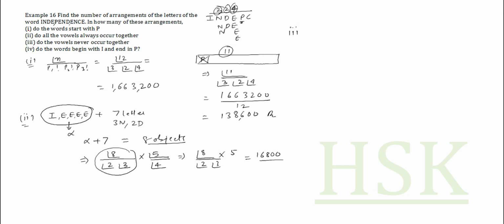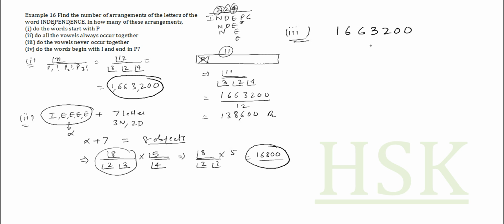In the next part, we have to calculate the number of ways in which no vowels occur together. So we have calculated the ways in which vowels are occurring together. We have also calculated the total number of ways, which gives us all the possible ways in which vowels occur together and do not occur together.